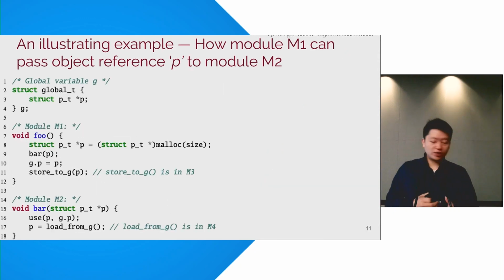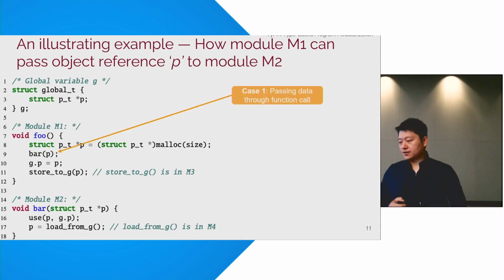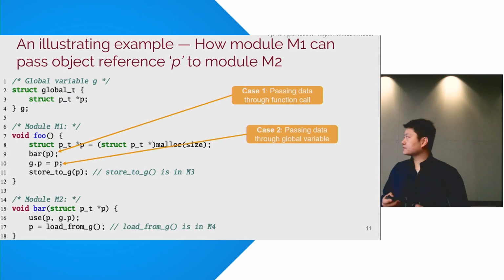And here is an illustrating example. We have global variable G, module M1 and module M2. And there are three cases. In the first case, M1 makes a function call and passes the object P through the function argument. So bar is a function of M2.